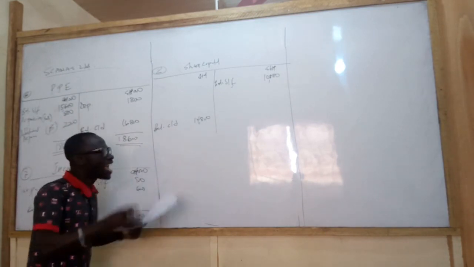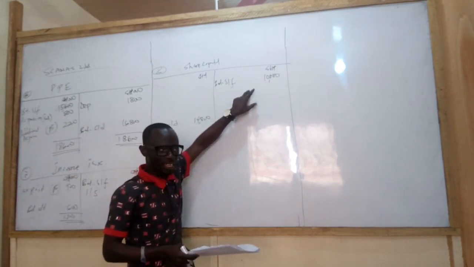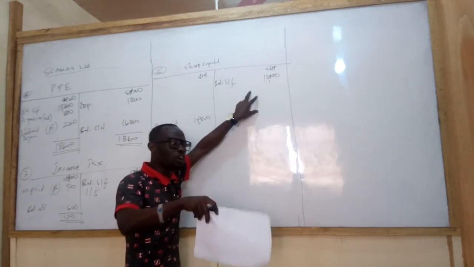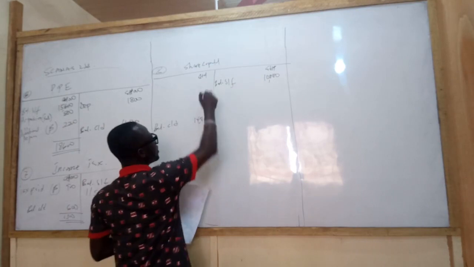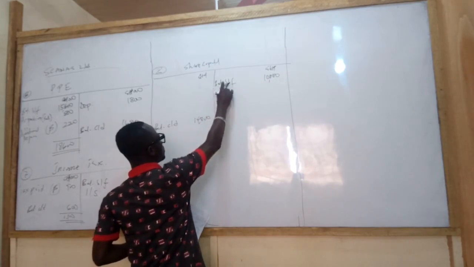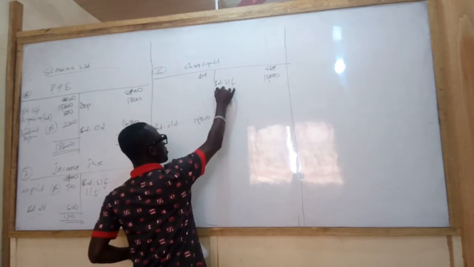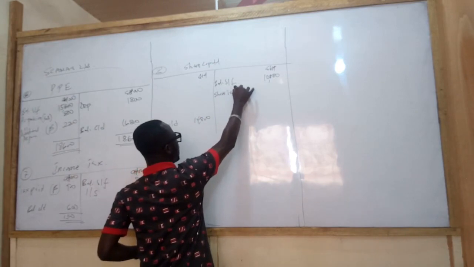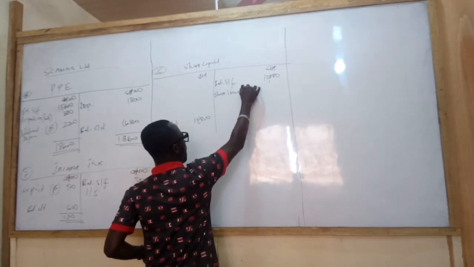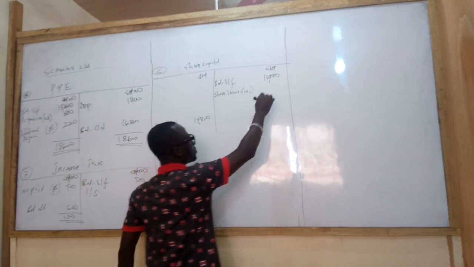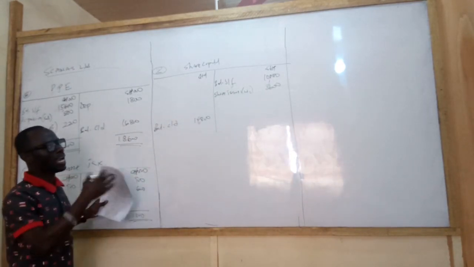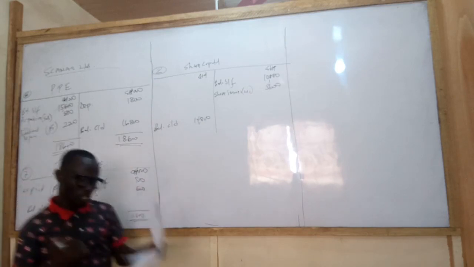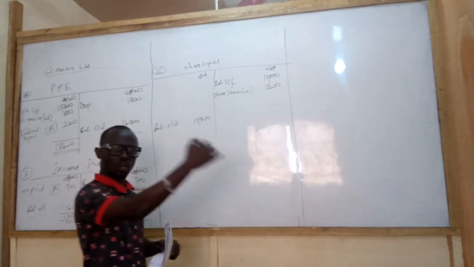If it was a share exchange, I emphasize it because I know your mind will be doing that to you. So share issue, and that was from Workings 1. How much was it? 3,600.